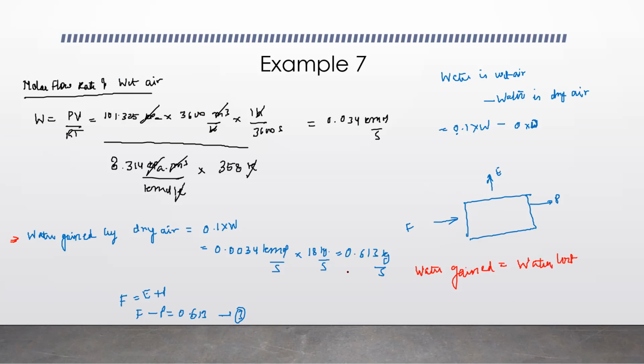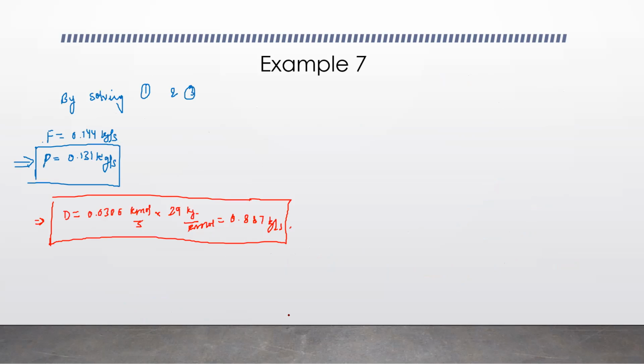We calculated E in kg per second, and based on that we did our overall material balance. So we get two equations, equation number 1 by solid balance and equation number 3 by overall material balance. By solving these two equations, we finally get F and P. To calculate the mass flow rate of dryer air, we simply multiply the molar flow rate by the average molecular weight. Hope you people have understood the unit operation of drying.